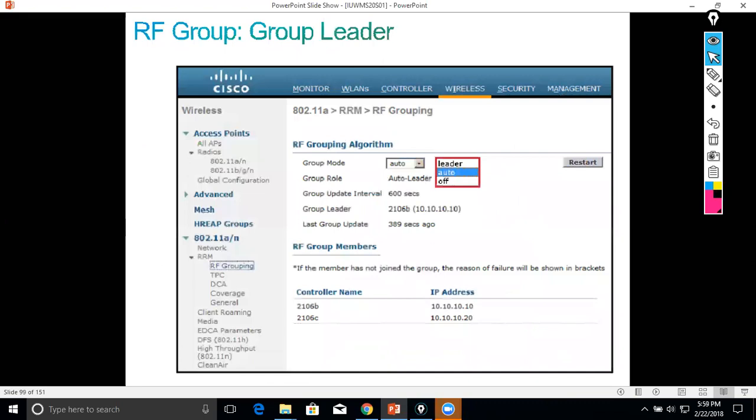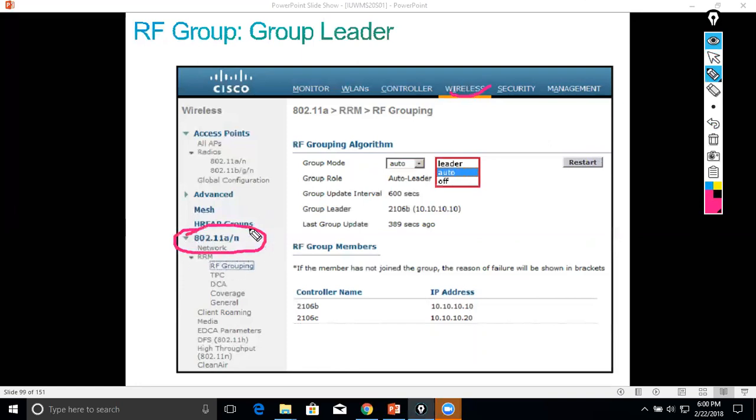How do you configure it? RF group algorithm. It has two choices: either automatically decide who the leader is, or say this controller is the leader, or this controller group is the leader that takes decisions. By default, the group update interval is 600 seconds, and the group leader name is there. That is important to configure. To configure it, click on Wireless, then go to Radios.